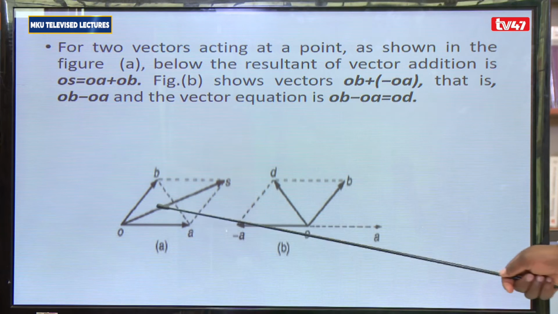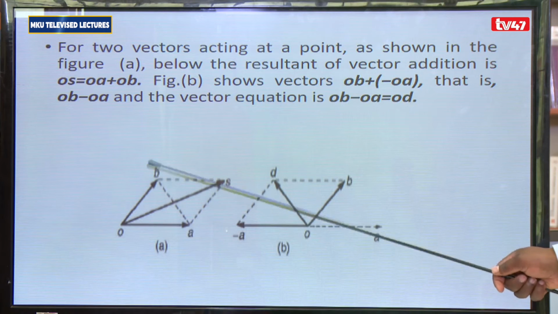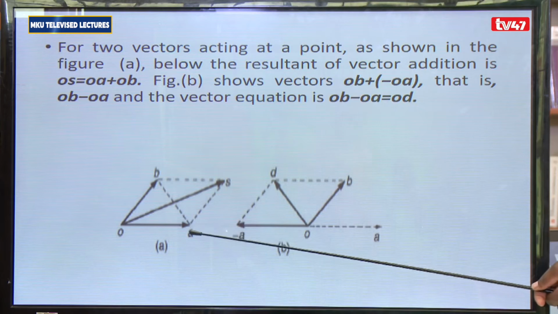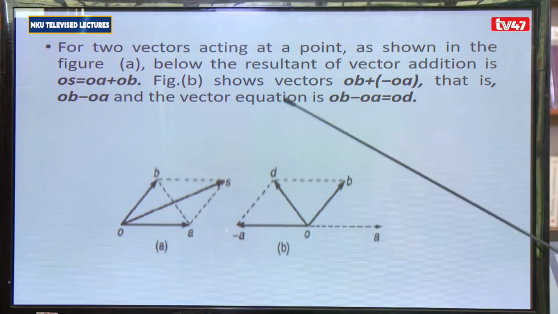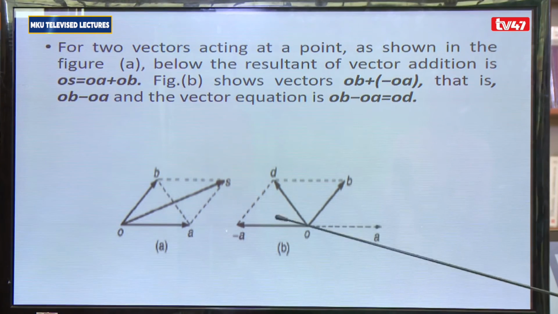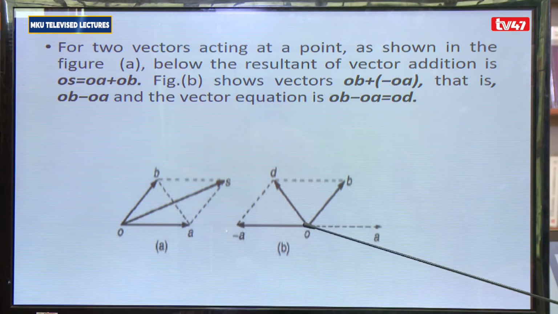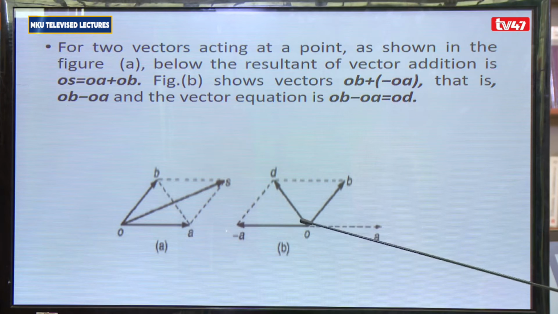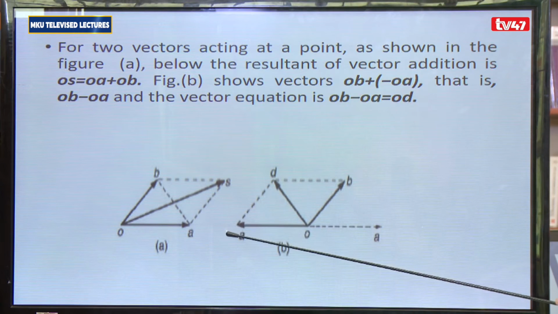So OB is going to remain the way it is, but OA is going to change direction, as we have said. So the diagram you are going to have is the second one, where OB remains the way it was drawn initially, but now OA is drawn in the opposite direction.